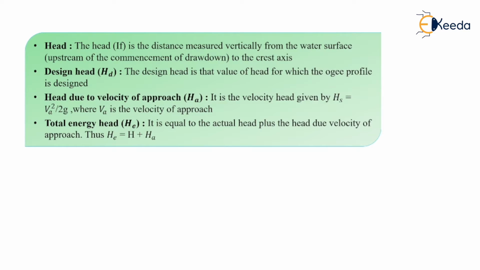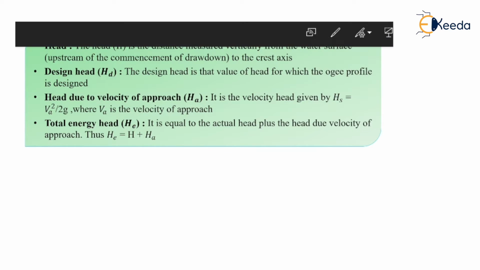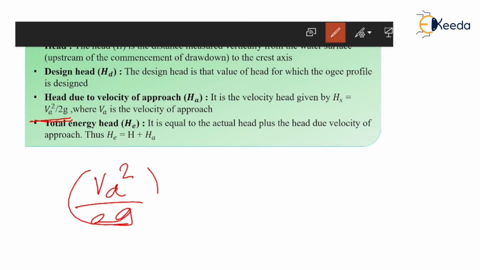Kinetic energy is nothing but the velocity head. For finding this, we have the equation Va square upon 2g, where Va is the velocity of approach. By substituting this value, we can find HA, the head due to the velocity of approach.